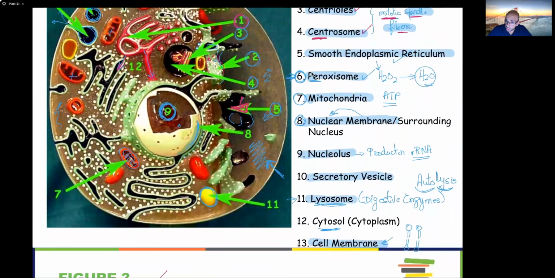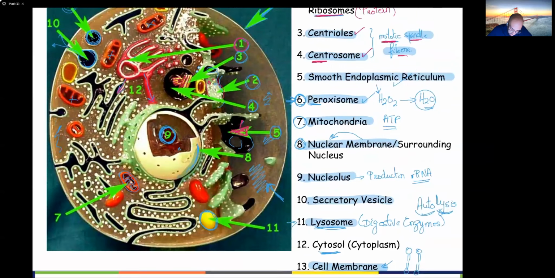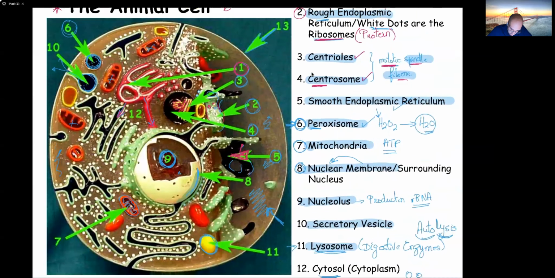Moving on to another membranous organelle on here, this vesicle. You can't just recognize what's the content of the vesicle, but we're gonna keep in mind that this specific vesicle is the peroxisome.